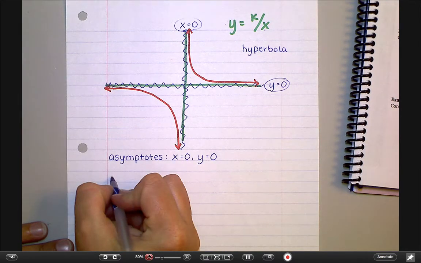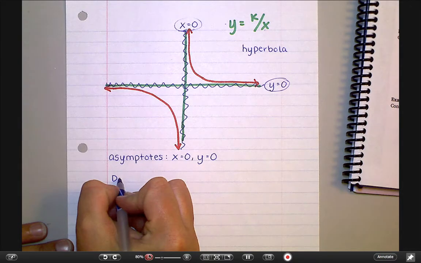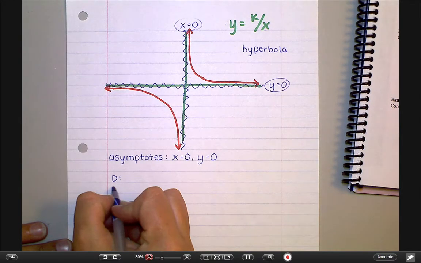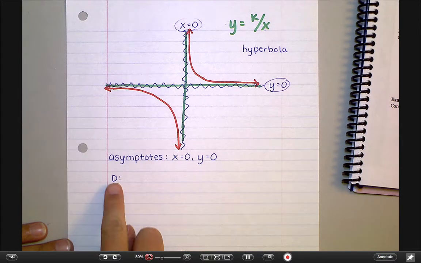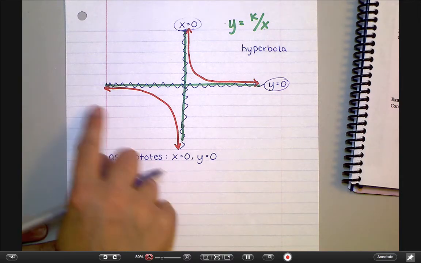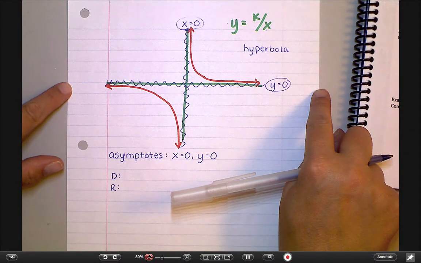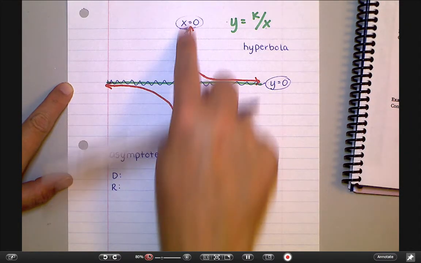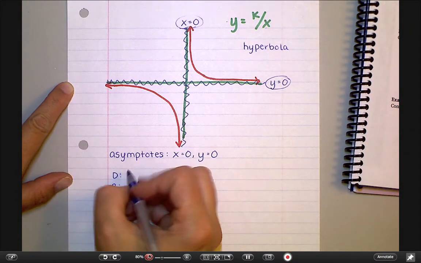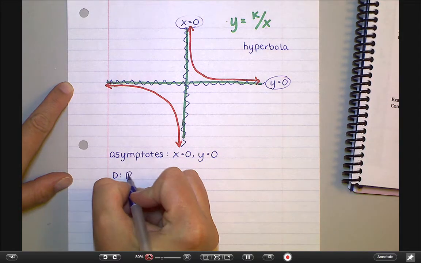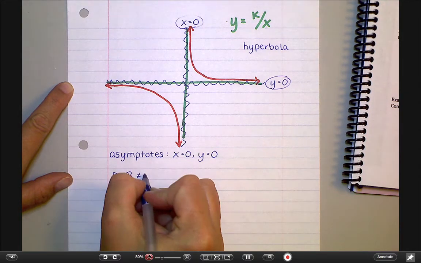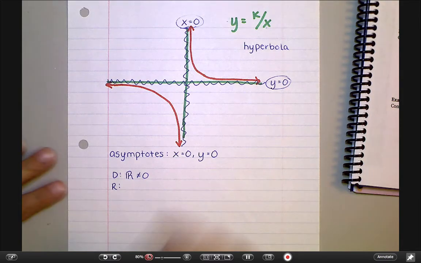That leads pretty directly into my domain and range. My domain here is what x values can you have? You'll notice that this graph stretches out forever to the left and to the right, but it just doesn't cover that 0 in the middle. And so I would say my domain is everything except 0. And then same thing for my range.